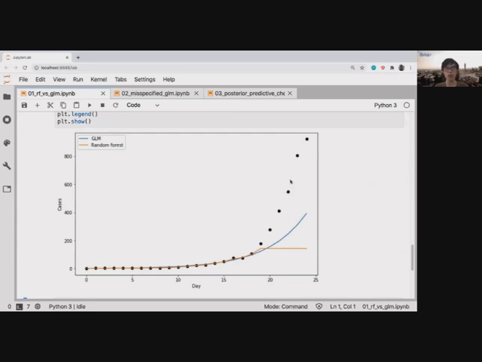It's also because we have not taken into account the basic underlying scientific properties of this problem, right? If you talk to some epidemiologists, they will tell you that epidemics follow this exponential trend. And using this knowledge, we knew that by fitting a negative binomial model, this allows us to extrapolate a lot better and get better prediction performance for future days.